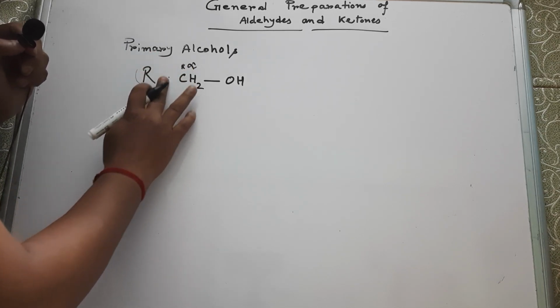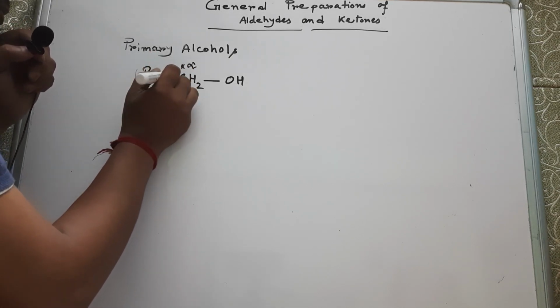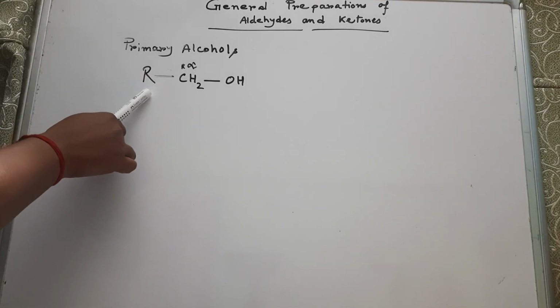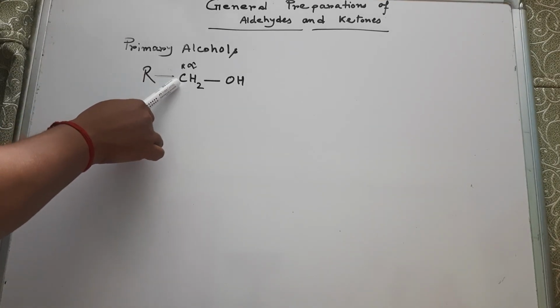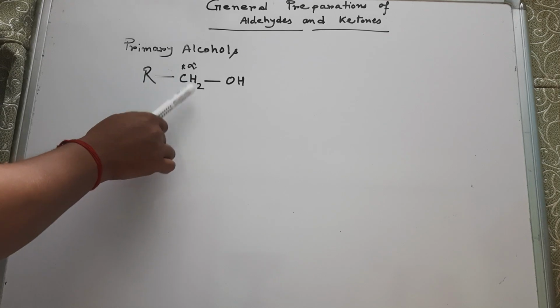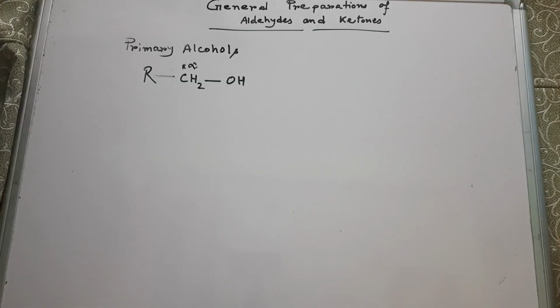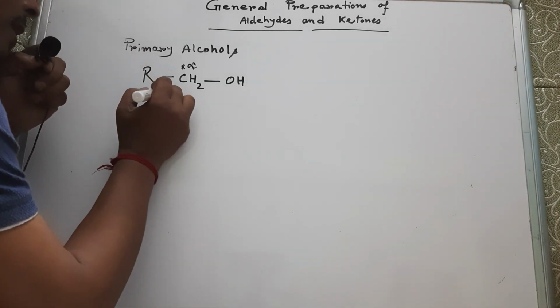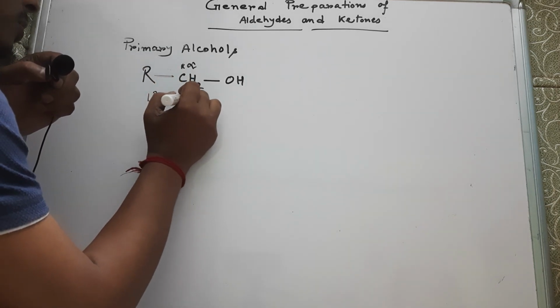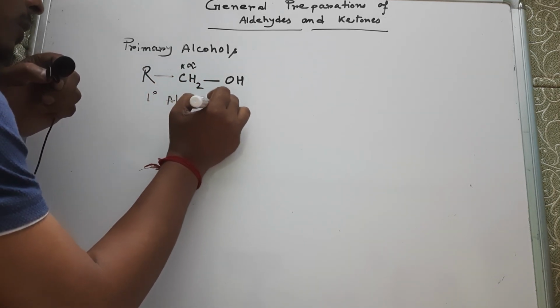As only one alkyl group is attached with this alpha carbon atom, and the rest of the two bonds are occupied by hydrogen atoms, this alcohol is called a primary alcohol or 1 degree alcohol.